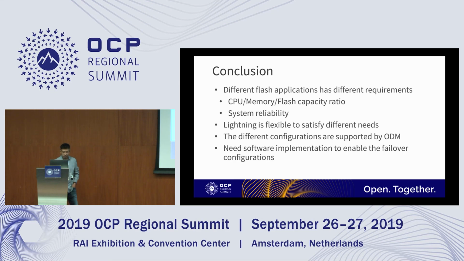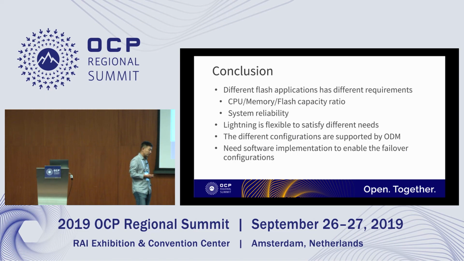Okay, so some conclusions. We explored different configuration options based on the workload's needs. It's really about how the application consumes the CPU and memory, and being able to provide the right flash capacity to that host, so that we are not wasting any flash capacity.